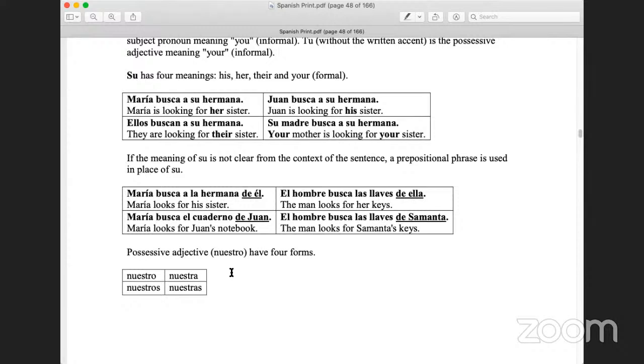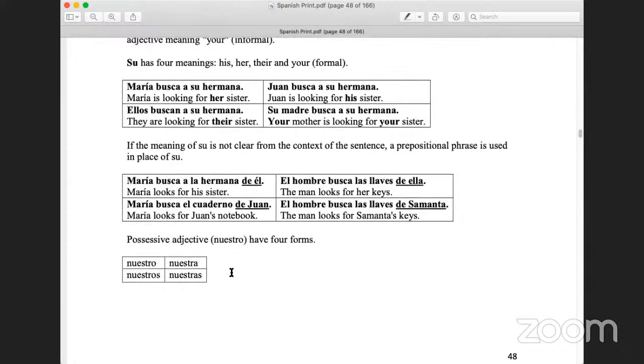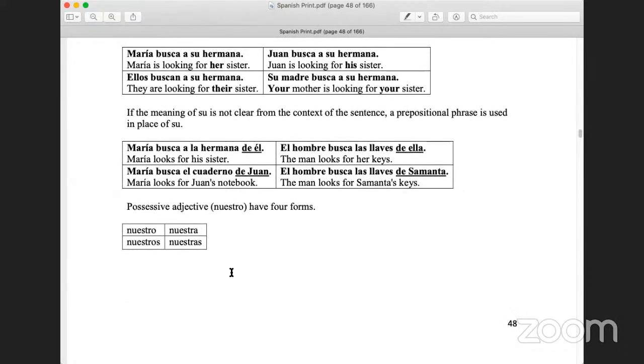María busca a su hermana. María is looking for her sister. So in this context, su is her, because we talked about María. Juan busca a su hermana. Juan is looking for his sister. The subject is Juan. Ellos buscan a su hermana.